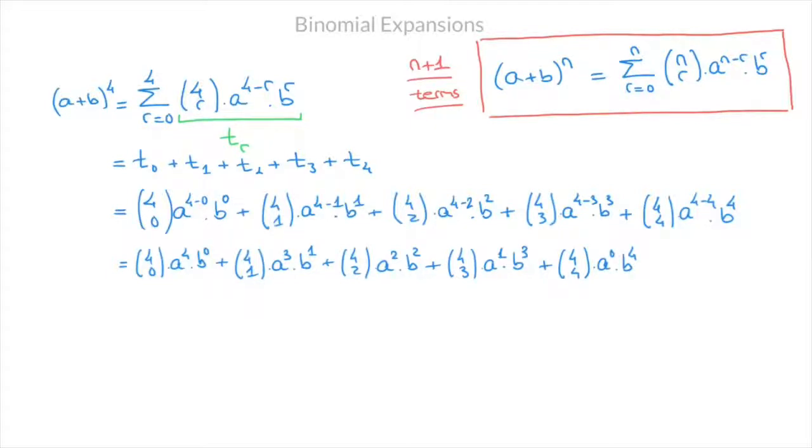To be clear, all that I've done here is calculate what each of the powers on each of the a's actually is.